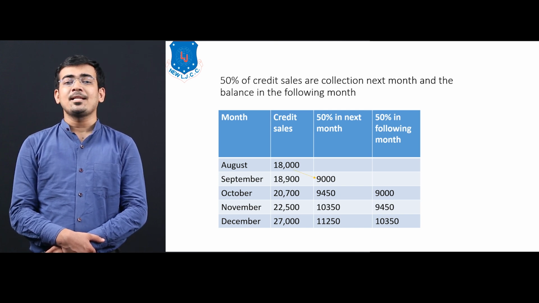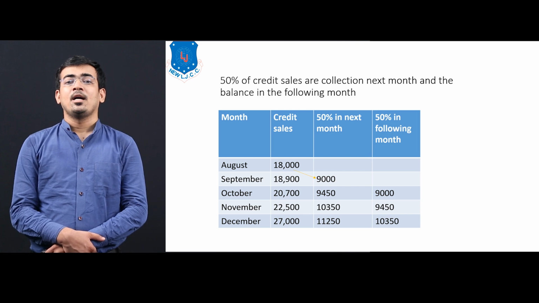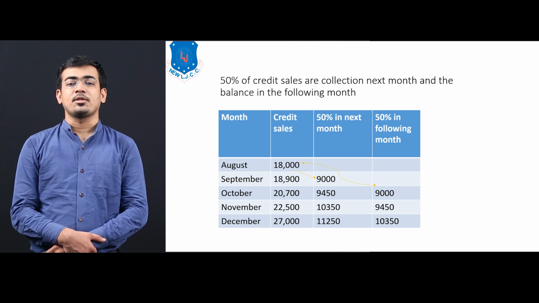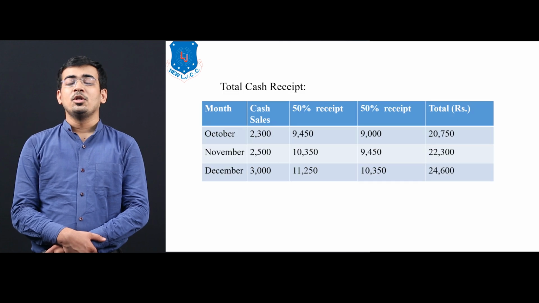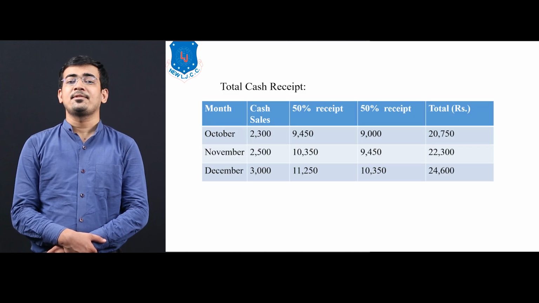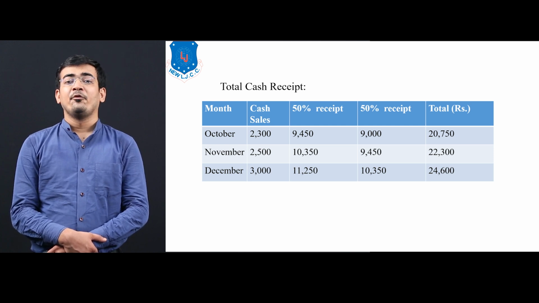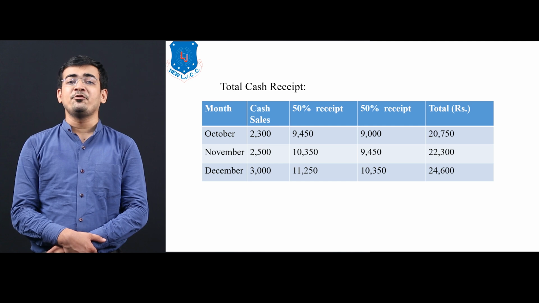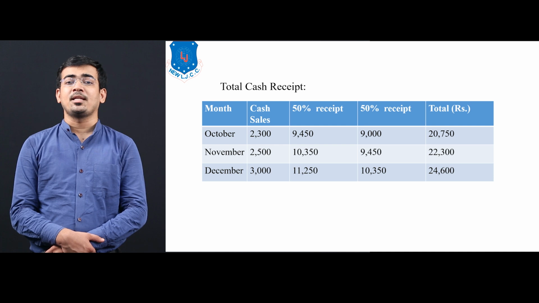In the last table we can see how we do the same calculation. So this is the final total cash receipt. In October, cash sales are 2,300, that is actual cash receipt; 50% of the receipt of the previous month, that is 9,450; 50% of the receipt of the next to next month, that is 9,000; and the total is 20,750 for October.